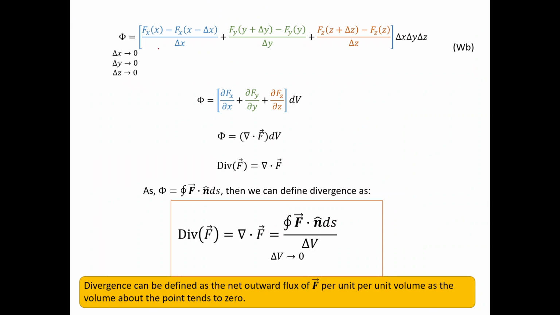Now dividing this whole term by del x, del y, del z, multiplying and dividing, you obtain a partial differentiation, taking the limit del x, del y, del z as 0.